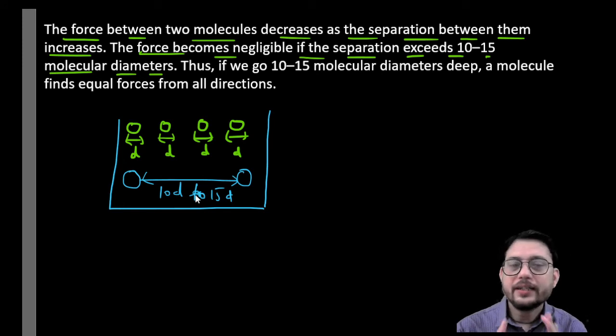So if the force is felt a little by molecules, it means the distance between those molecules is less. But if the distance between the molecules is nearly 10 to 15 molecular diameters, then the force will be too small and we can neglect it.